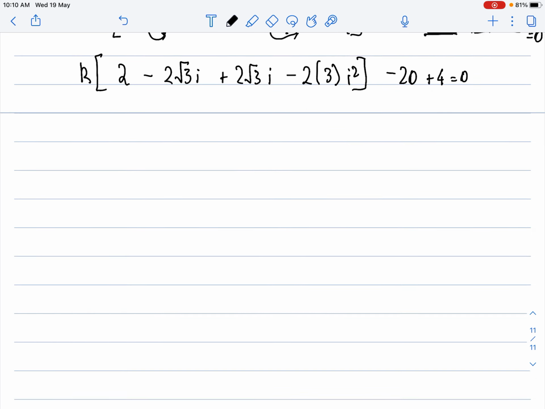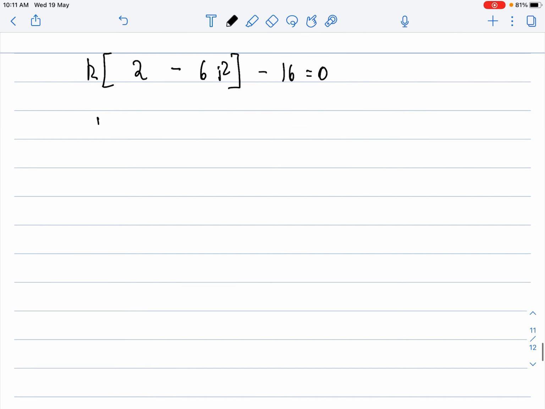So now I can say k into, I can cancel minus 2 root 3i and 2 root 3i here to get 2 minus 2 into 3 which is 6i square, and minus 20 plus 4 is minus 16, equals 0.